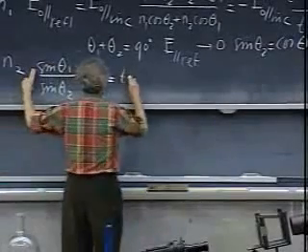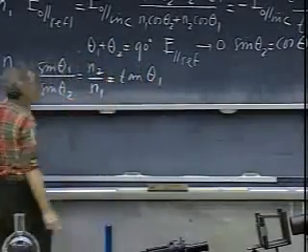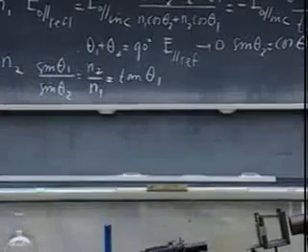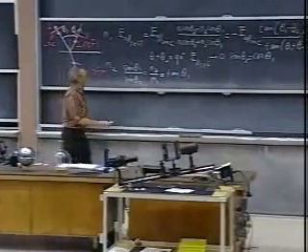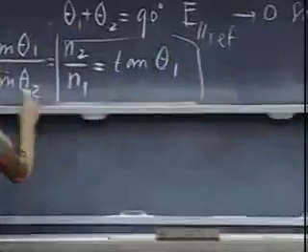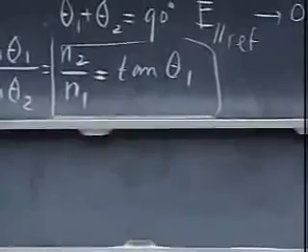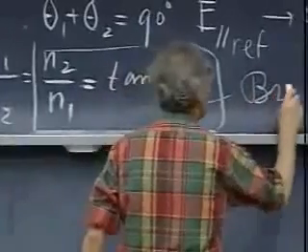If this is the tangent of theta 1, then we have met the condition that I was looking for, that I end up with 100% linearly polarized light. This is the secret to getting 100% polarized light, and this angle is called the Brewster angle.